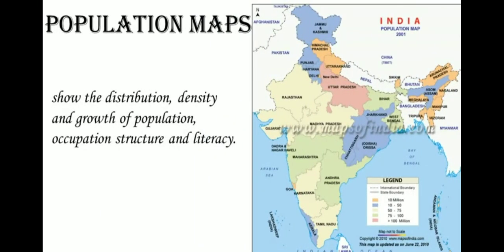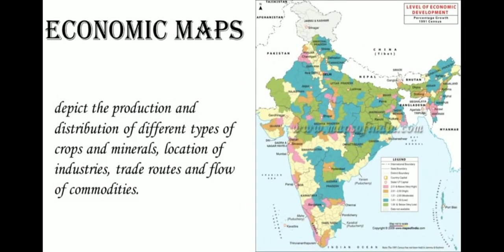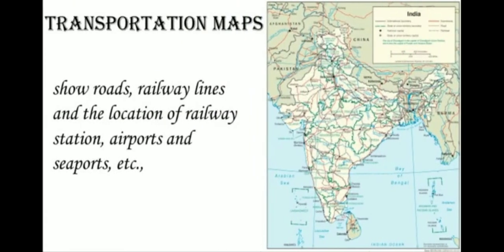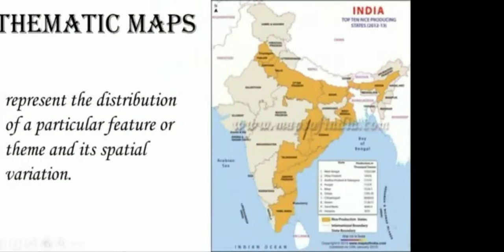Population maps show the distribution, density, and growth of population, occupation, structure, and literacy. Economic maps depict the production and distribution of different types of crops and minerals, location of industries, trade routes, and flow of commodities. Transportation maps show roads, railway lines, and the location of railway stations, airports, and seaports, etc.